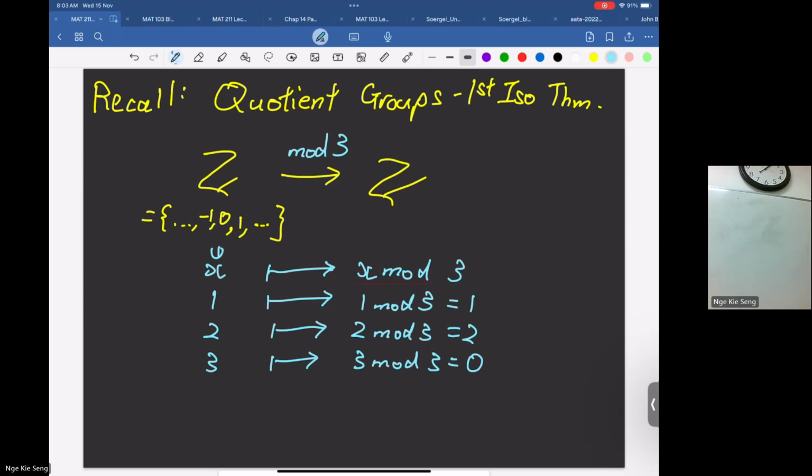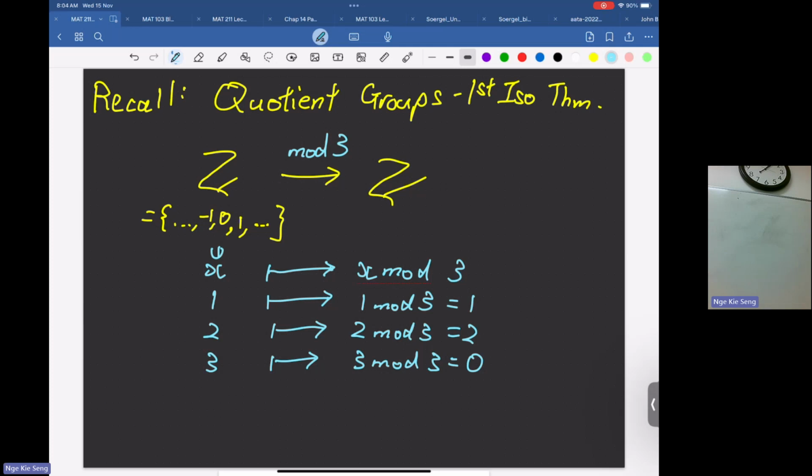If you divide by 3, what's the remainder you left? If I put any number here, there are really only 3 numbers popping out. Either you are divisible, leaving 0, or you have 1 left, or 2 left. These are the 3 possibilities.